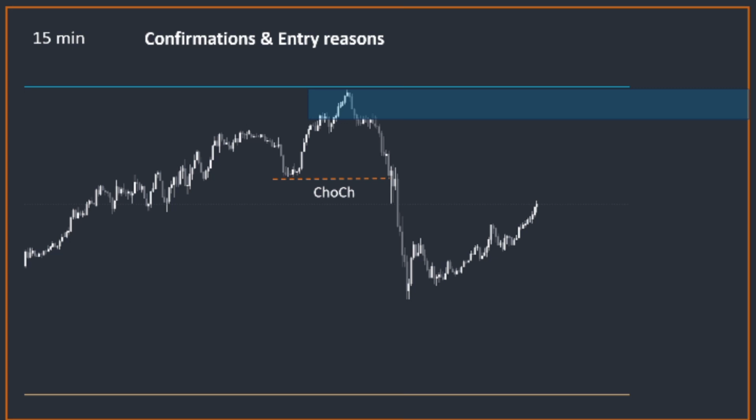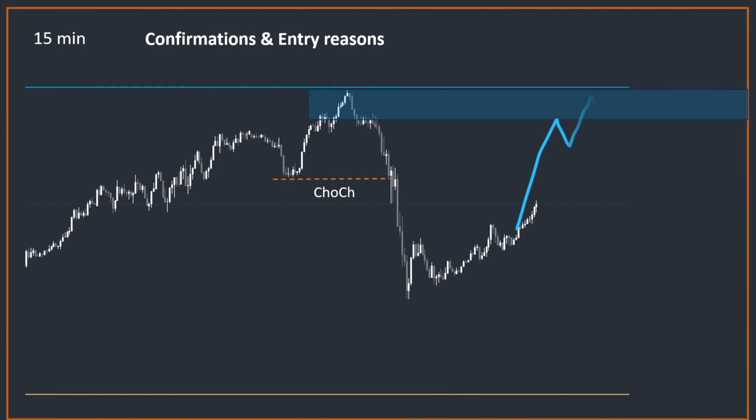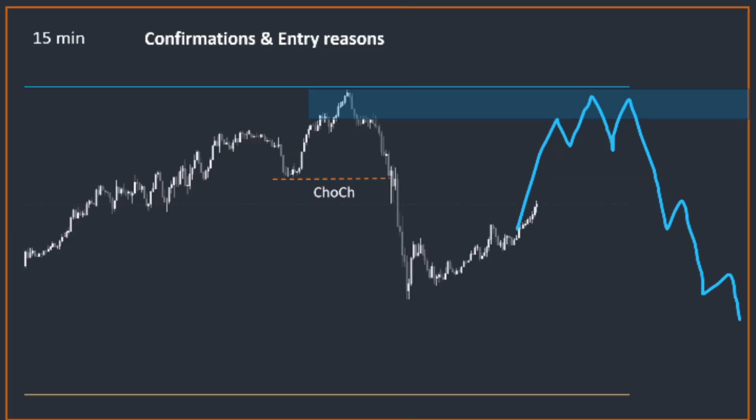So we want to identify our confirmations to enter the market. Okay. So from this, we're still expecting price to push all the way to the upside to tap into our order block, and from the order block we are expecting to sell the market. We expect the market to be bearish and continue going to the downside.